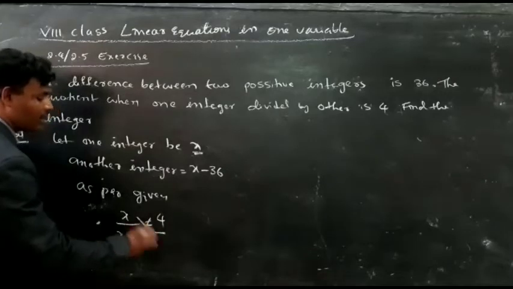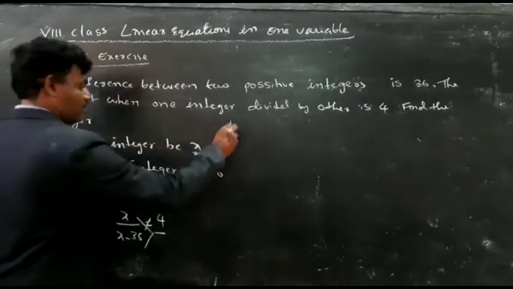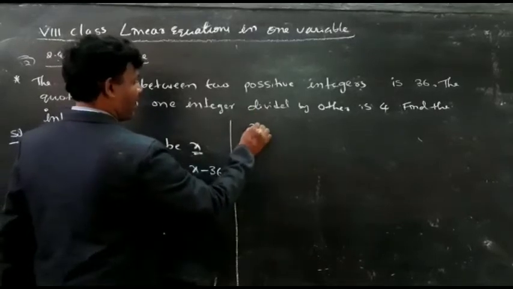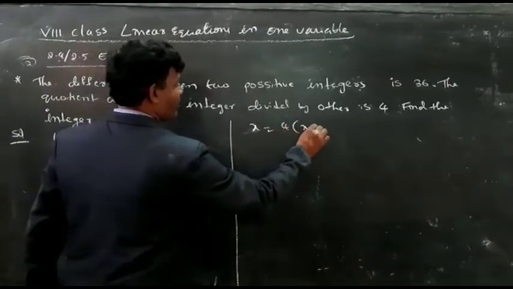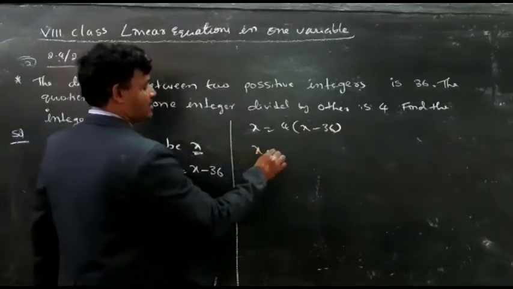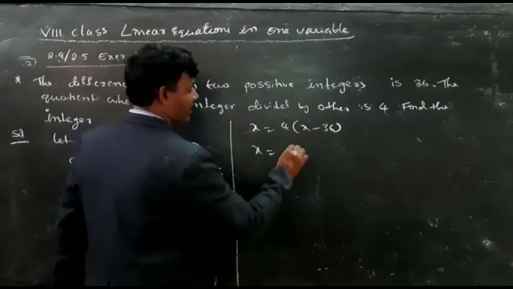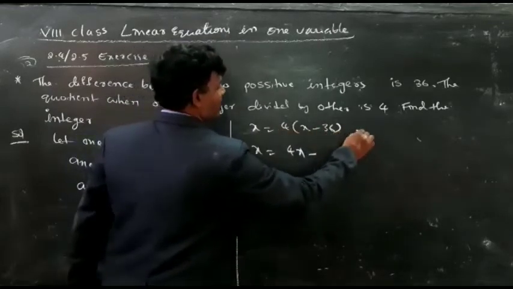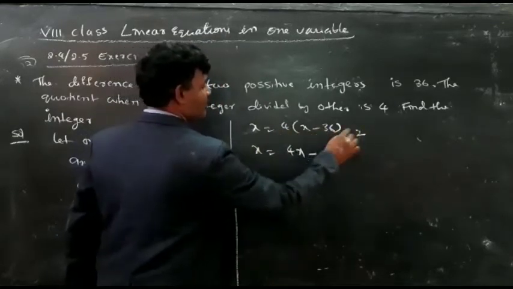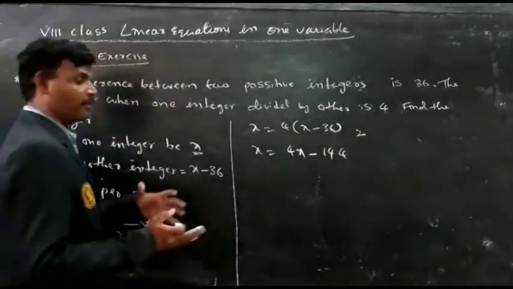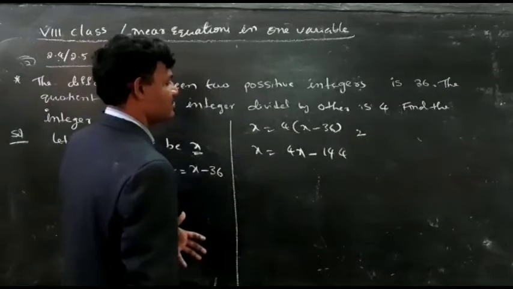So I am doing cross multiplication. x is equal to 4 into x minus 36. Now x is equal to 4x minus 4 6s are 24, 2, 4 3s are 12 plus 2, 14. So 144.